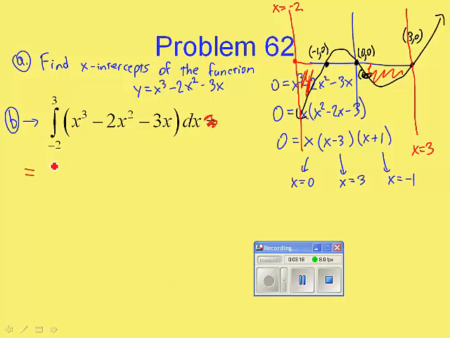All right, so what do we have here? Let's see. 1/4 x to the 4th minus 2/3 x cubed minus 3/2 x squared. Right? Is that okay? This is easy now, huh? So I'm evaluating all this stuff from -2 to +3.